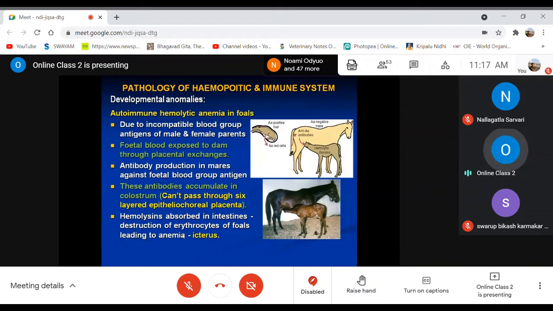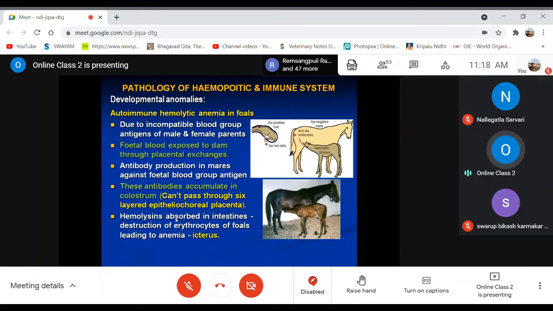And when the young foal, the baby, is born, it sucks the milk, this colostrum, from the mother. Through the colostrum, the foals get the antibodies that contain the hemolysins mostly.